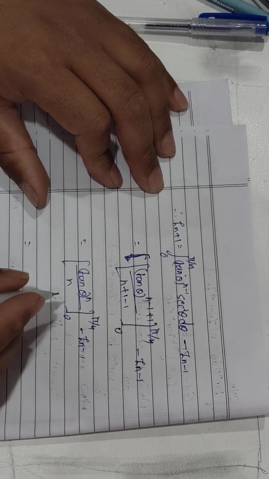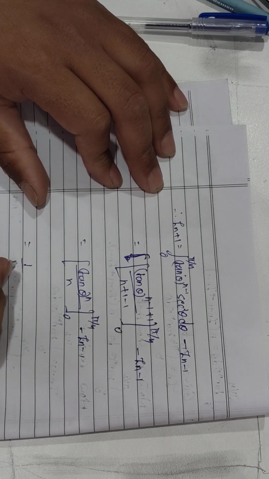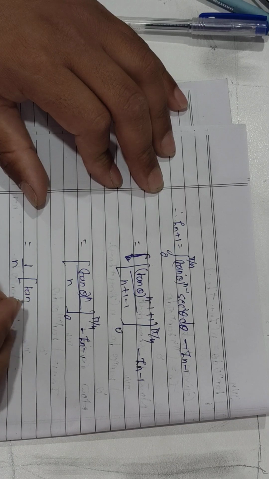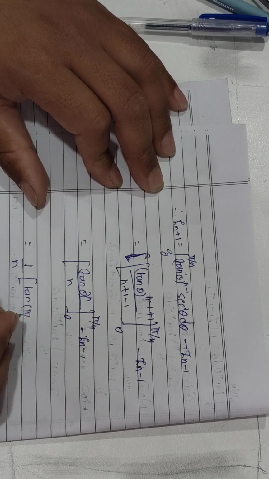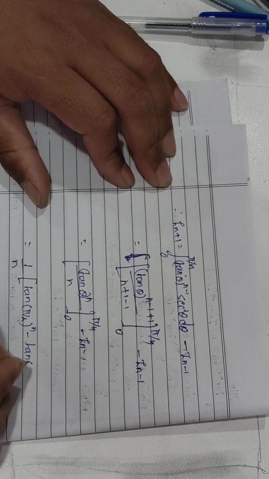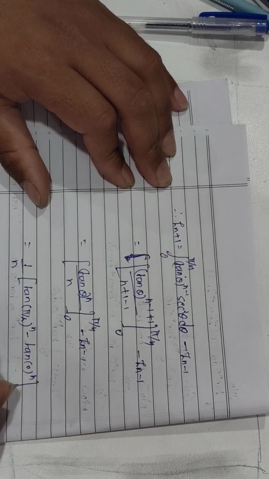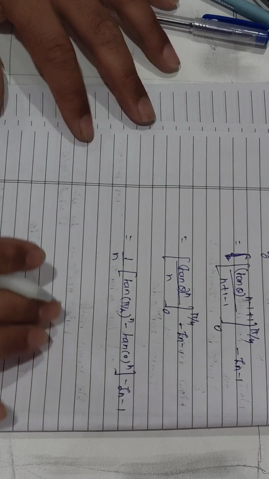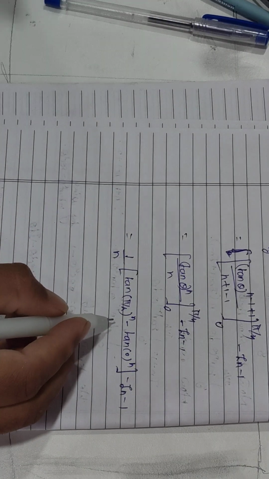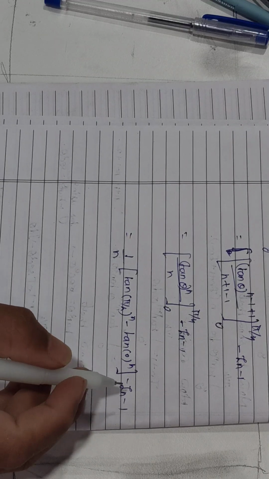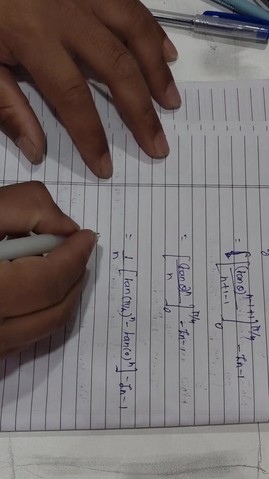Put the limit, upper limit minus lower limit: 1 upon n, tan pi by 4 raised to n minus tan 0 raised to n, minus I_{n-1}.